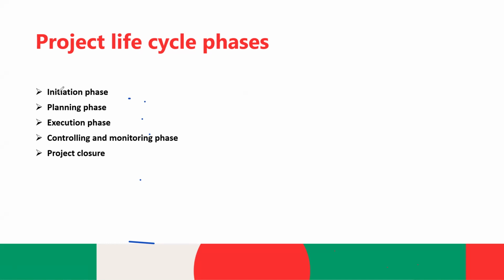Okay, so first we have the initial phase, where we understand the project goal, and then we understand the high level requirements. We do a feasibility study, to see whether the requirement is feasible or not.